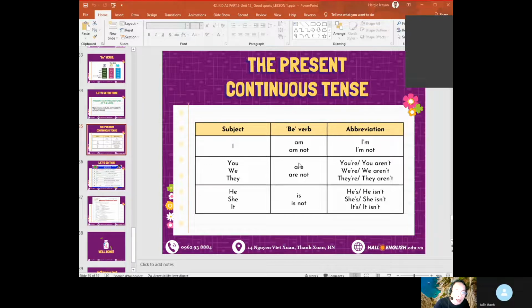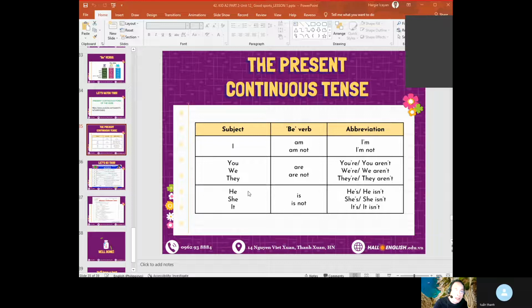And therefore, we have to take the be verb are or are not. On the affirmative side, you are is short for you're, and the negative you are not is short for you aren't. Got it? Then so on and so forth.